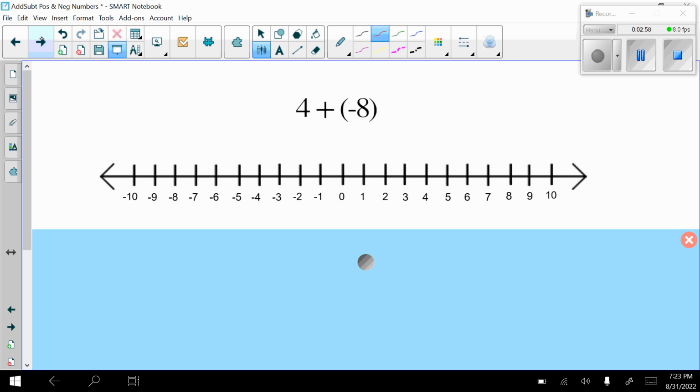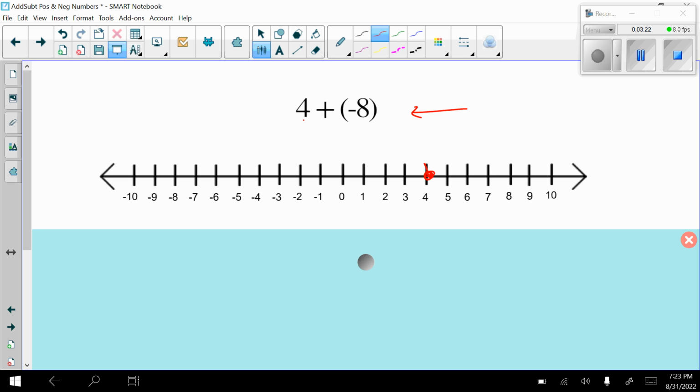Well, what if you start with a positive number? Let's look at that. I have 4 plus negative 8. Remember, adding a negative is the same thing as subtracting. So I start at 4. I'm adding negative 8, which is the same thing as subtracting 8. So I'm going to go left down the number line, 8 spaces. This is going to get a little bit different, though, because I'm going to go into the negative numbers.